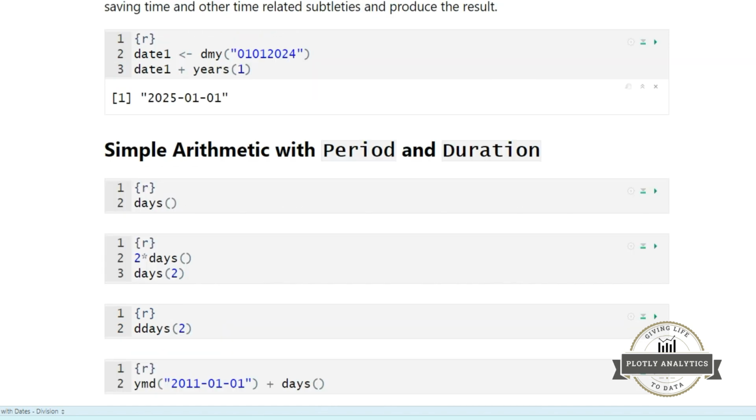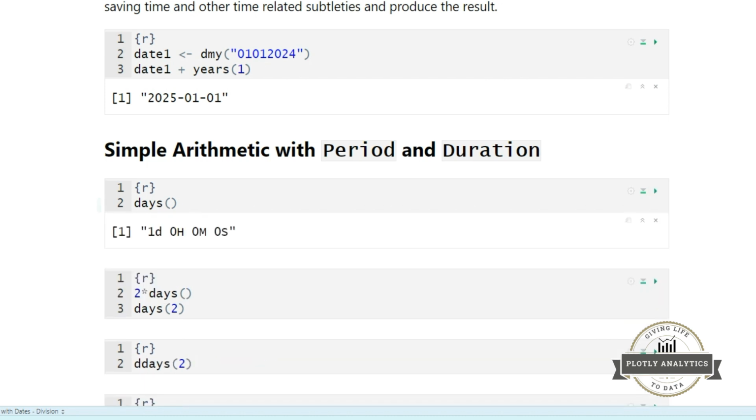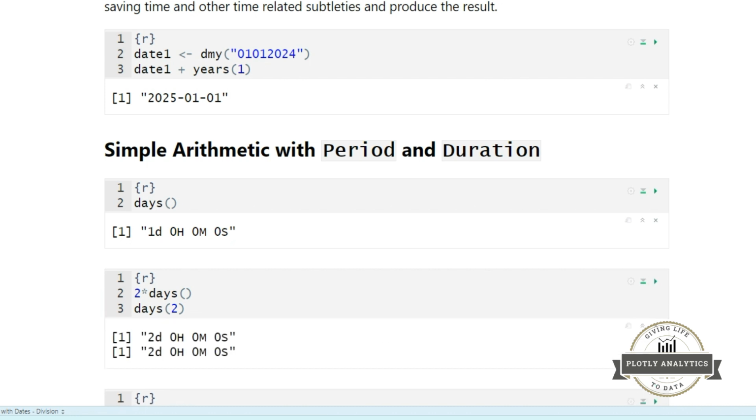So we have seen the arithmetic performed on date time objects. In the same way, you can perform the arithmetic on periods and durations. So days function will give me the output as day. This is a period function, remember. If I multiply this by 2, then the output will be 2 days. You can also pass on the argument to the days function. So days 2 will give me the same result as 2 days.